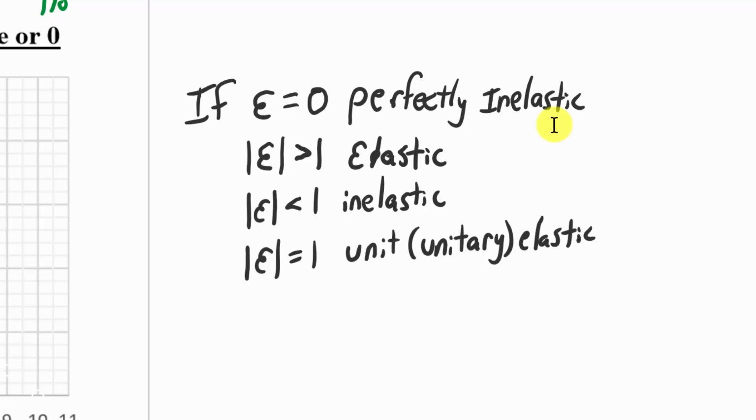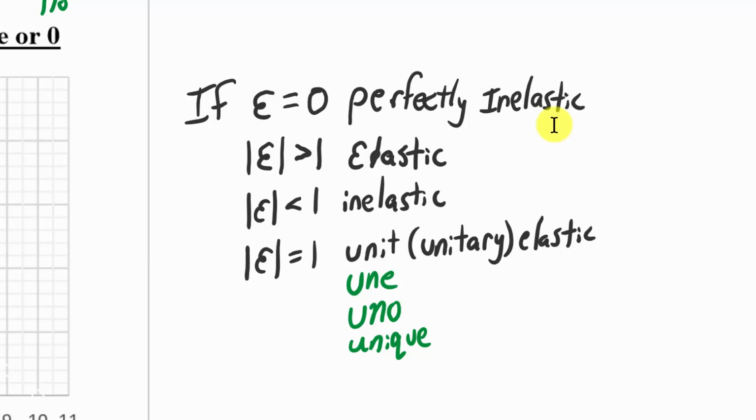If you know any foreign languages, you might know that une in French is the number 1, and in Spanish, uno is the number 1, kind of related to the word unique, right? Unique, there's only 1. So unit or unitary elastic, fancy way of saying the elasticity is 1.